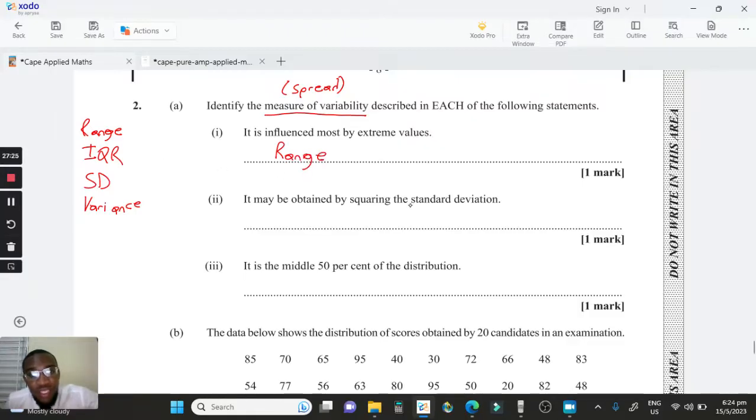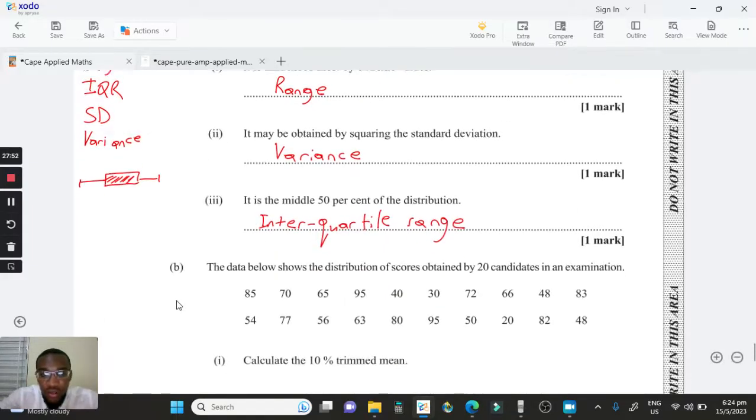Now it may be obtained by squaring the standard deviation. This is your variance. Then it says it is the middle 50% of a distribution. The middle 50% of a distribution is what we call the interquartile range. So we have to know these things. Very easy.